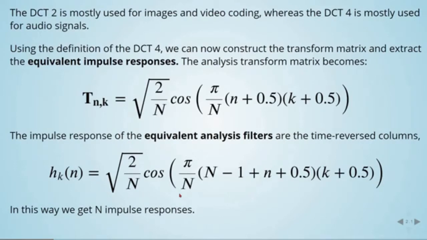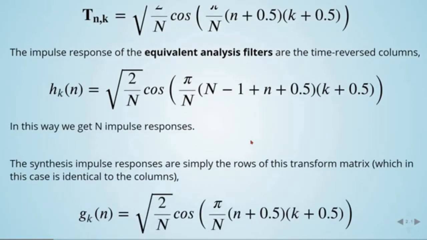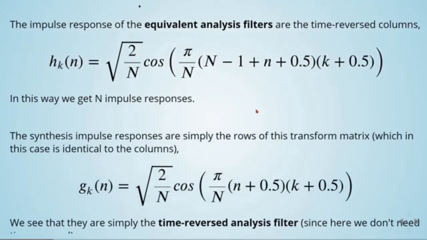In this way, we get capital N impulse responses. The synthesis impulse responses are simply the rows of this transform matrix, which in this case is identical to the columns. So we have here the synthesis impulse response.